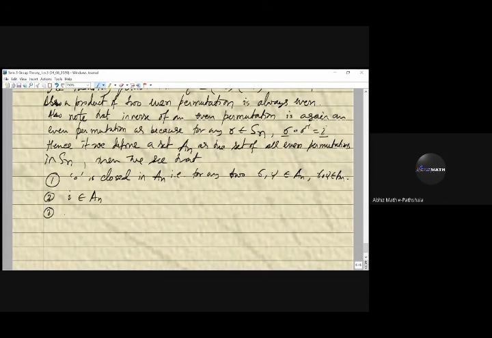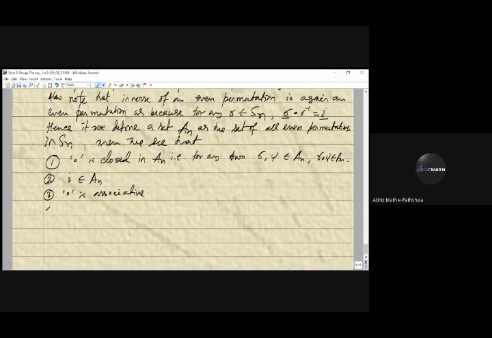Number three, composition is associative, right? Also, number four, for any sigma belonging to An, sigma inverse is also an even permutation, so being an even permutation, it will be in An.